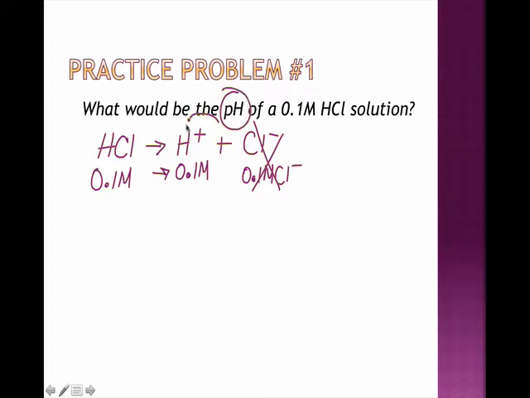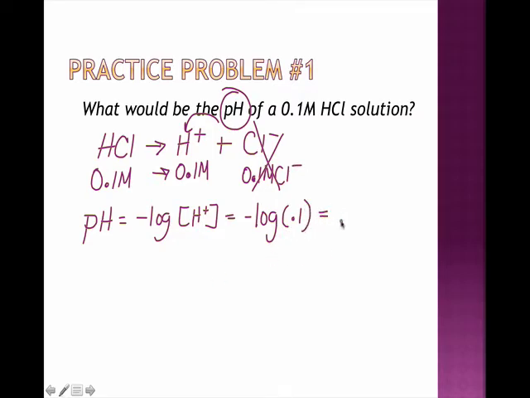What I care about for pH is the H+, because we know that pH is equal to the negative log of the hydrogen ion concentration. So to figure out the pH of the solution, I take the negative log of 0.1, and the answer is 1. So the pH of my solution here is going to be 1.